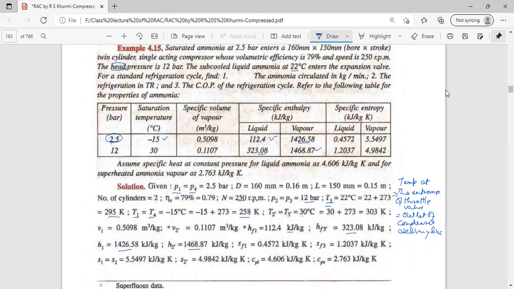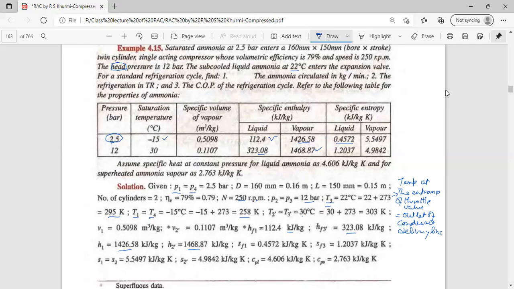Entropy at point 1 on the vapor saturation line corresponds to the lowest temperature. It is equal to 0.4572, but it is in the fluid state.